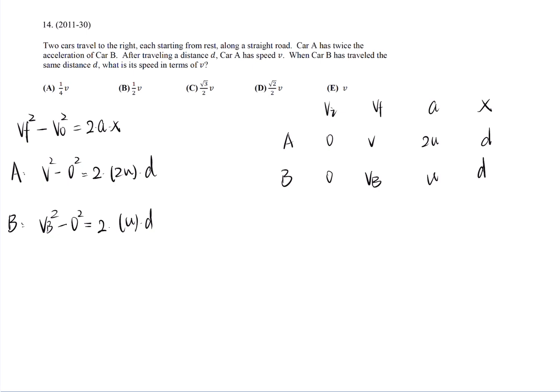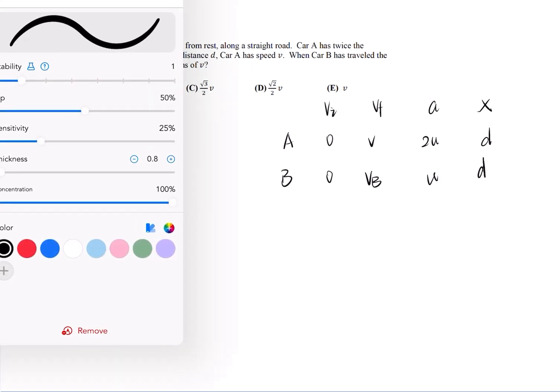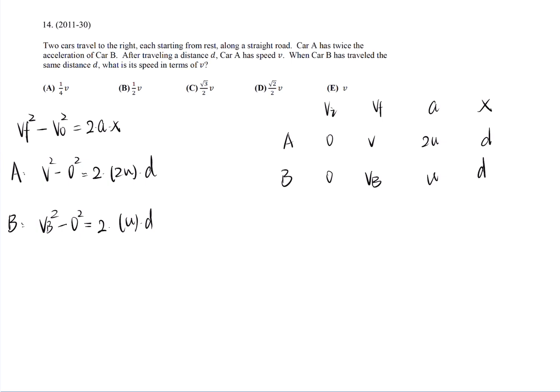Now let's simplify both equations. v squared is equal to 4ud, and v sub b squared is equal to 2ud. So v sub b squared over v squared is equal to 2ud over 4ud.